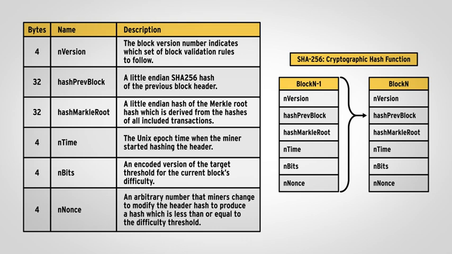We have nBits and we have nonce. nBits gives you the difficulty of the hash that a miner has to find. nBits represents the number of leading zeros that a hash should have for it to be a valid hash. Nonce is the number that a miner can manipulate so as to find a valid hash.